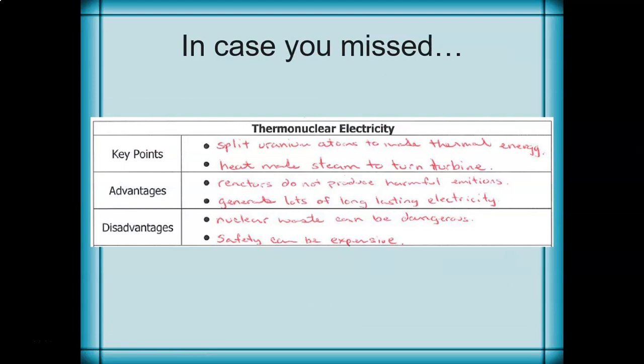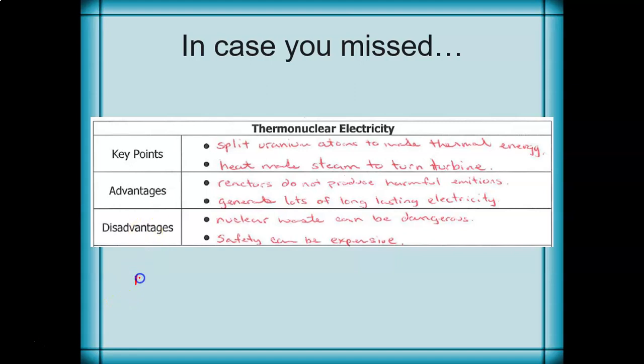So you split uranium atoms to make thermal energy. The heat, that thermal energy, makes steam to turn the turbine. Reactions do not produce harmful emissions. They generate lots of long-lasting energy.